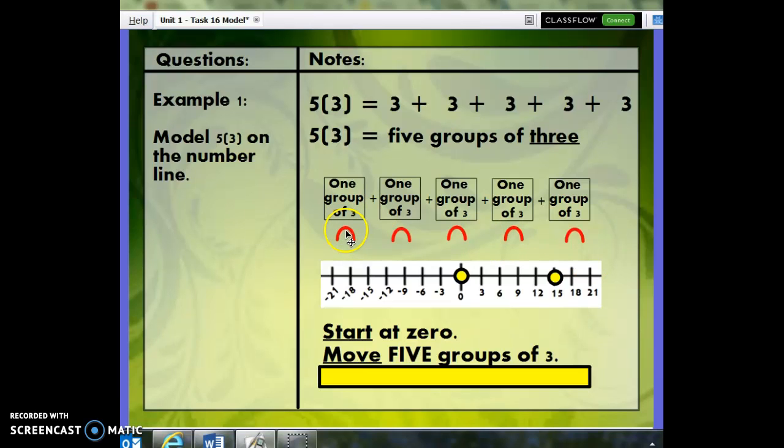So remember, each group is 3, right? So 1, 2, 3, 3, 6, 9, 12, 15. And by the way, if this looks familiar, if it looks a lot like what we learned about adding integers, remember that multiplication is repeated addition.